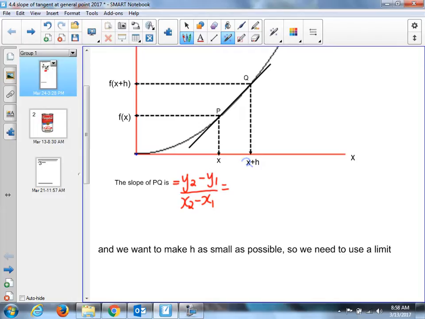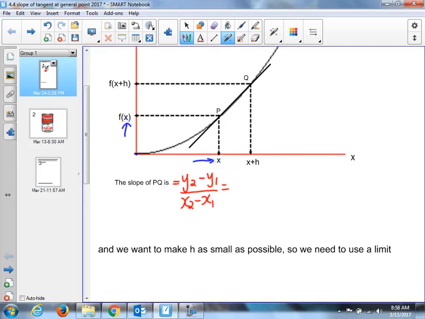But we need h, because we can't divide by 0. And of course, 2 would match with f of 2, whatever the function gives you at 2. So here we got x matched with f of x.